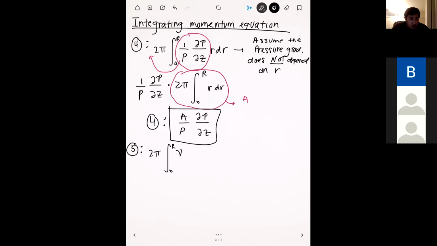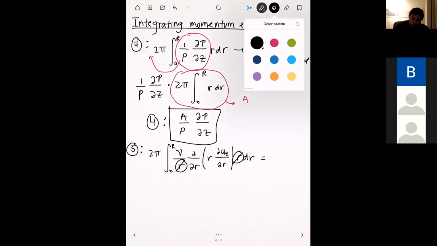Integral 5 is the integral from 0 to big R of viscosity, nu, divided by little r, partial r of r, partial uz, partial r, dr. From here we can evaluate this integral because this r and this r are going to cancel out.